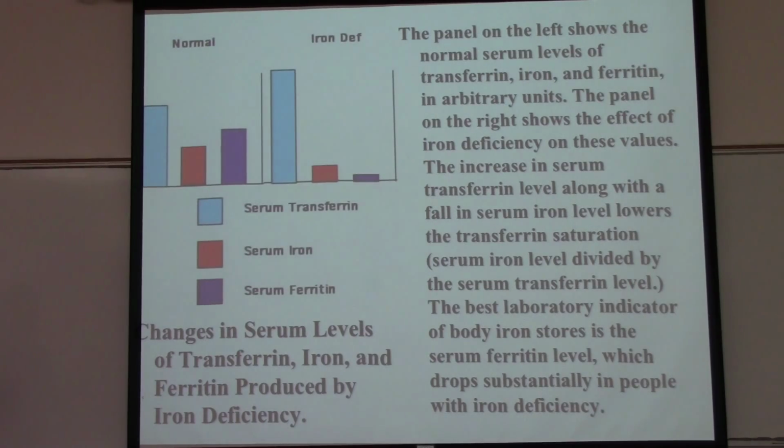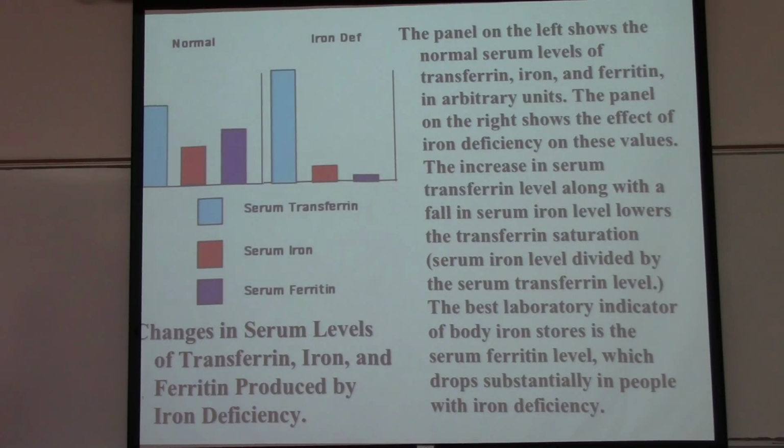Wonder if I send more cars out, if I can get more iron. That's what transferrin is. Transferrin is a transporter. So that's why the transporters go up. Is that helpful? No, it's really not. But the body sometimes doesn't know what to do. It doesn't quite grasp where the problem is. So it sends out more.